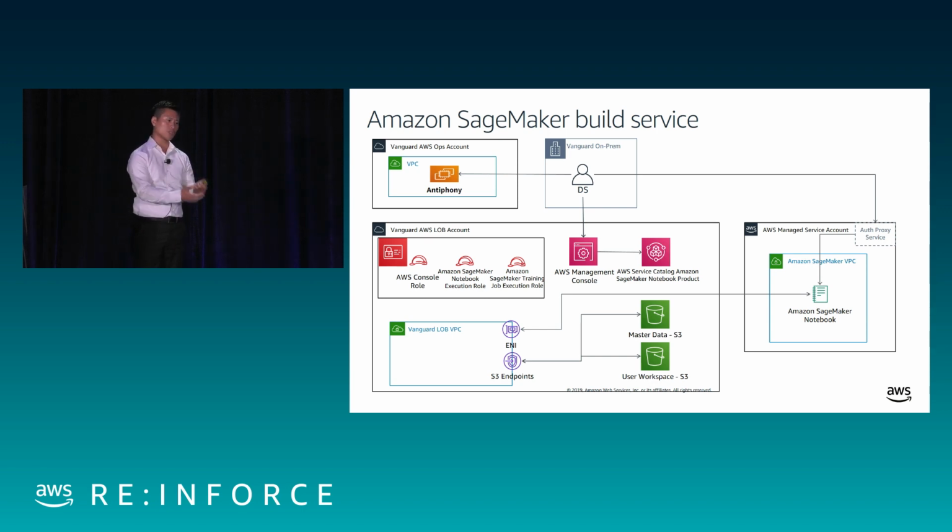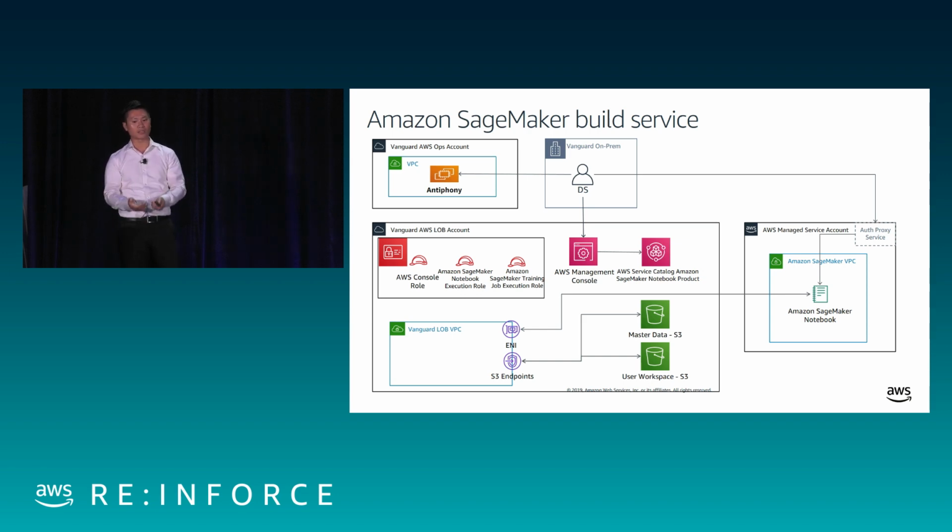Once all of that infrastructure is set up, the data scientists can log into our internal application with Active Directory credentials for authentication. They can start launching their service catalog product.